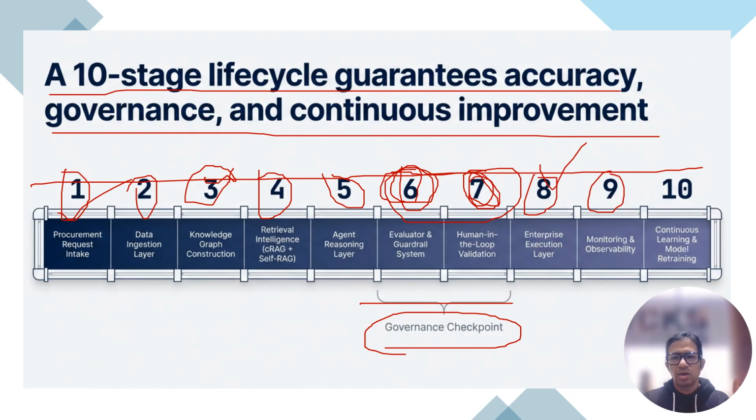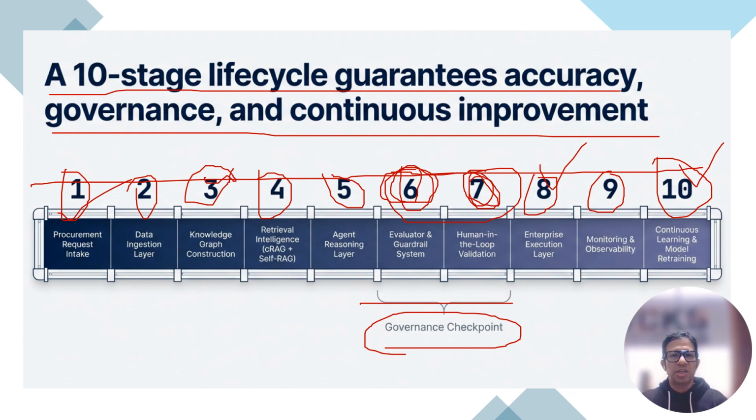Now comes to stage 10. Stage 10 is continuous learning. Procurement is dynamic. Markets change, suppliers change, regulations change. So the system must learn from the drift and human feedback and improve over time.